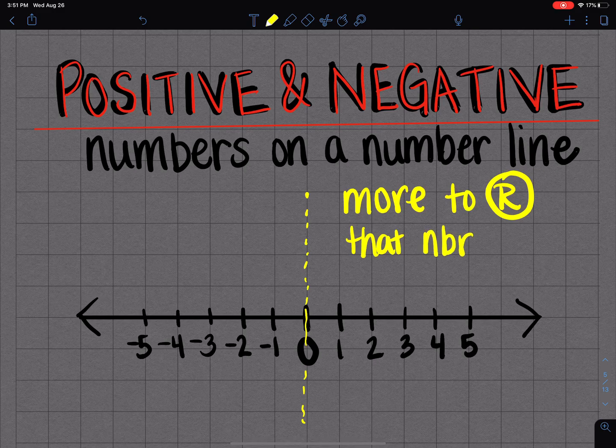So if I compare 5 and 3, 5 is more to the right, so 5 is the bigger number. And that is true even for negative numbers. So if I'm comparing -2 and -5, -2 is more to the right, so that's a bigger number than -5.